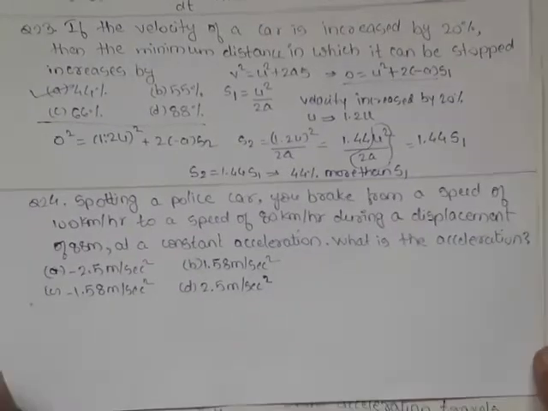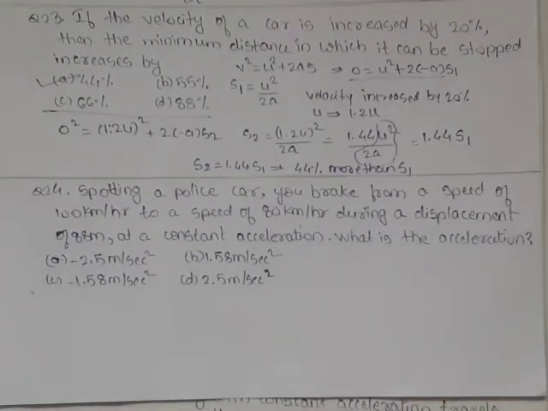Spotting a police car, you brake from a speed of 100 km per hour to a speed of 80 km per hour during a displacement of 88 meters at a constant acceleration. What is that constant acceleration? Acceleration here is in fact going to be deceleration, so the value should come negative.